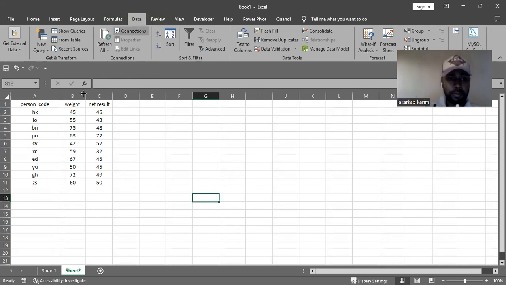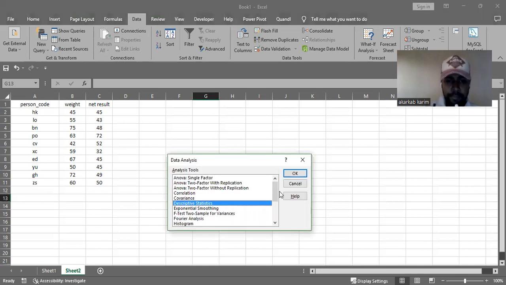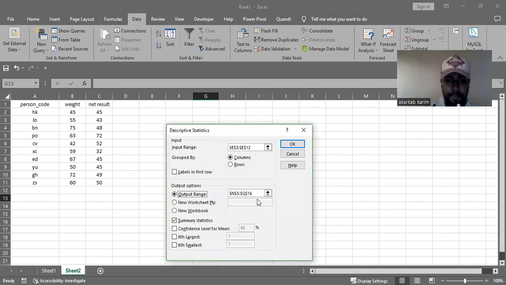Well, in our case here, what we can do is go to Data. After that, we can go here, I mean the Data Analysis tool. So we click, okay, and here, first I will determine the descriptive statistics.